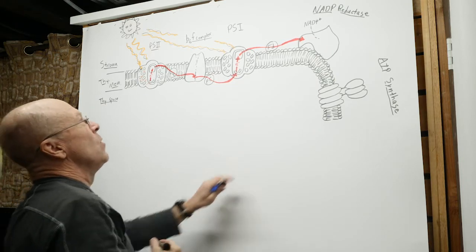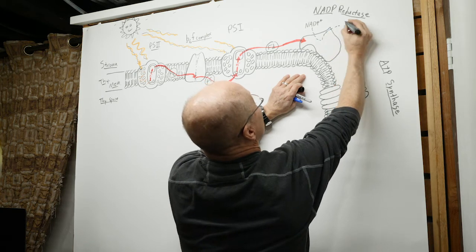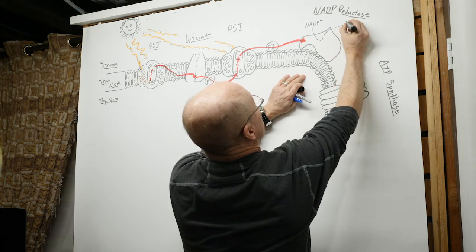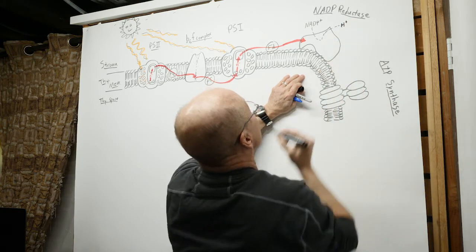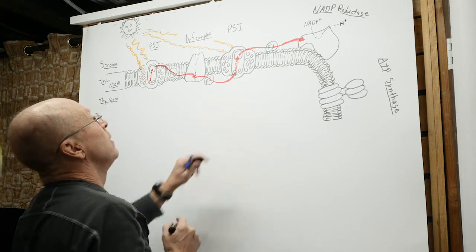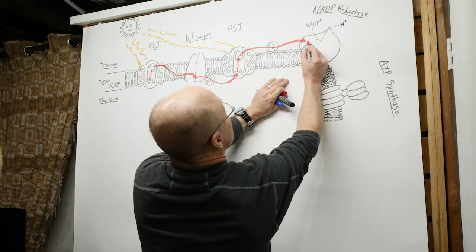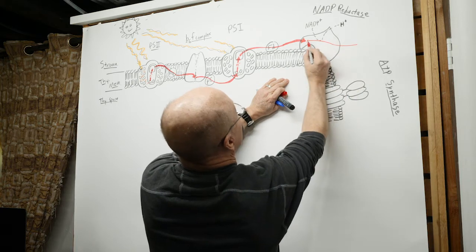We're also going to have H plus coming in, and that's very important. And those things will come together with the electrons that we get out of this deal. So this is our last journey.